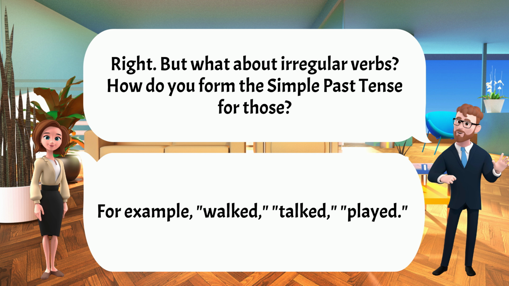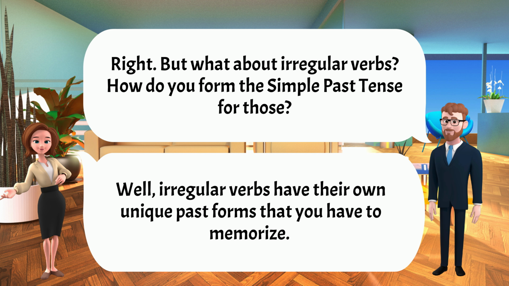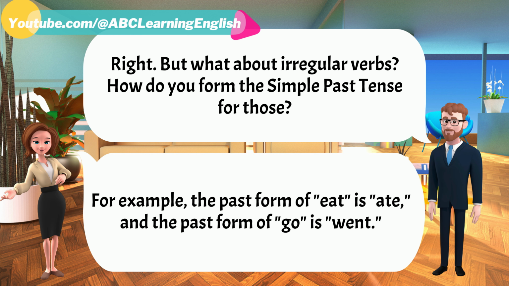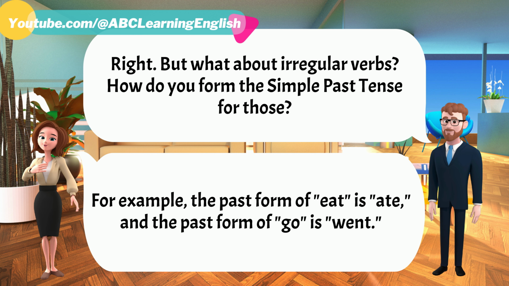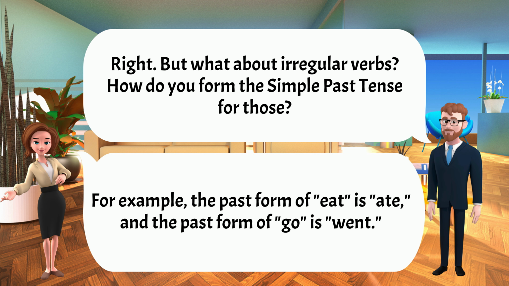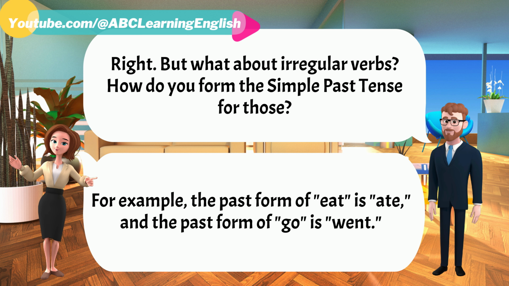How do you form the simple past tense for those? Well, irregular verbs have their own unique past forms that you have to memorize. For example, the past form of eat is ate, and the past form of go is went.